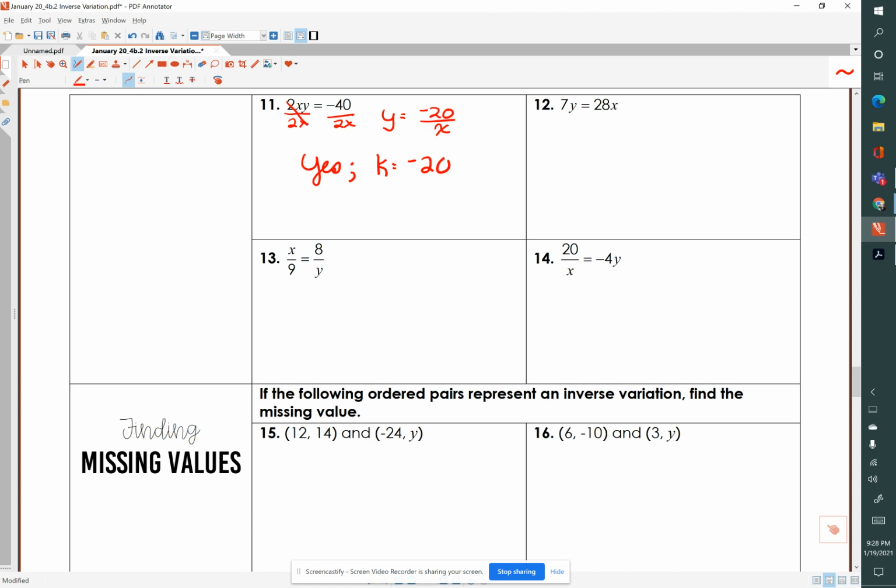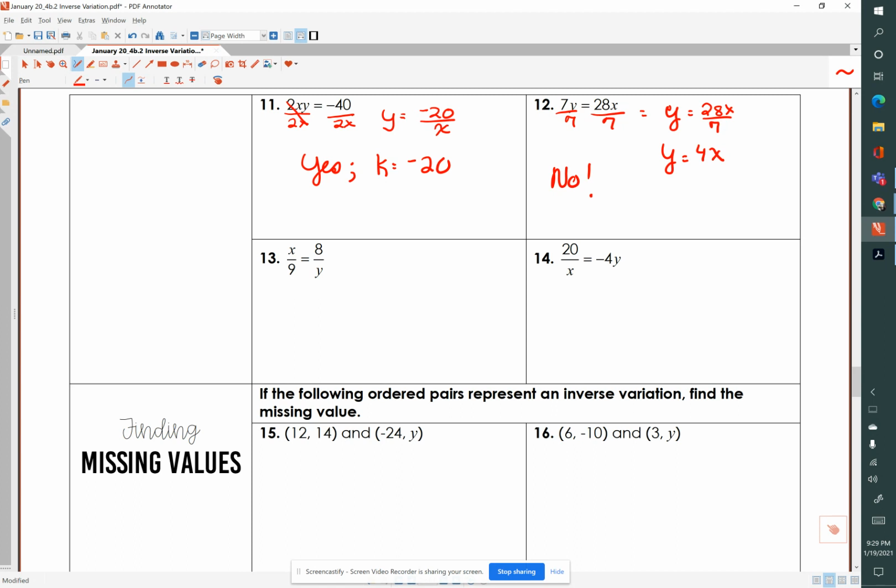And let's solve for y in number 12. We'll divide both sides by 7, which gives us y equals 28x over 7, which reduces to y equals 4x, because 28 divided by 7 is 4. Still not an inverse variation relationship.